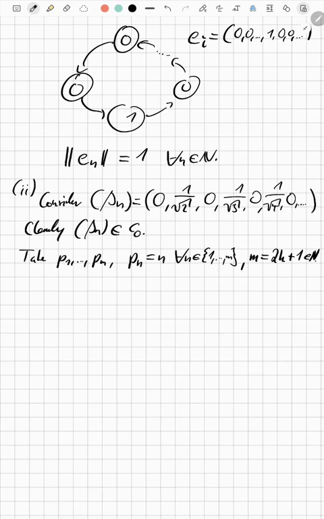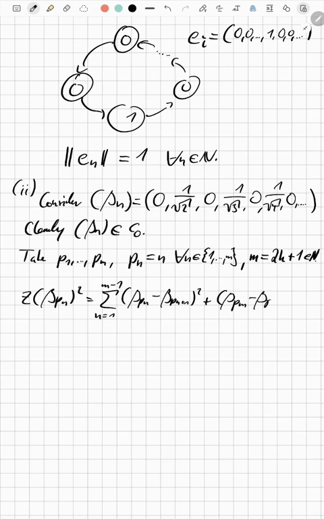Then we have that z of beta_{p_n} squared, which is the sum of this form, beta_{p_n} minus beta_{p_{n+1}} squared plus beta_{p_m} minus beta_{p_1} squared, is of the following form.